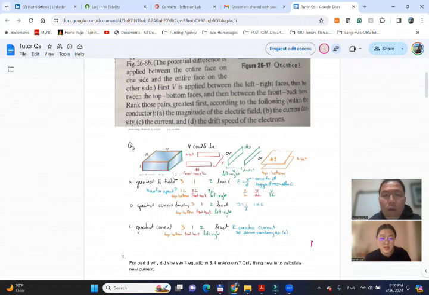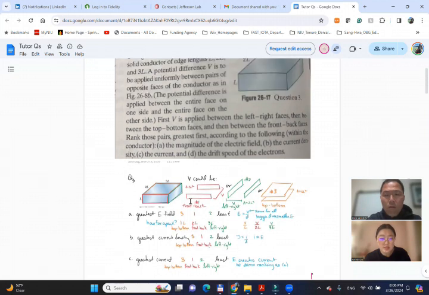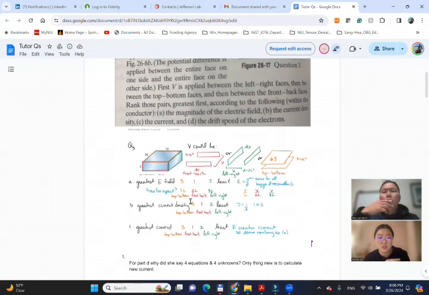And she said in the second part that the current is proportional to the electric field. So what I did is I solved for all the electric fields and divided by the area of each one to solve for J. It's just plugging in different equations. And I got that 3 is equal to 1 is equal to 2.